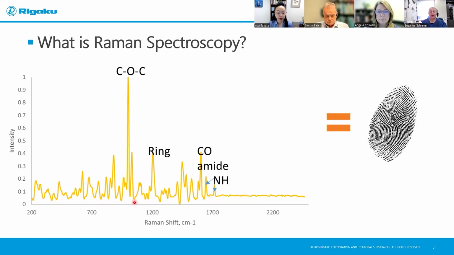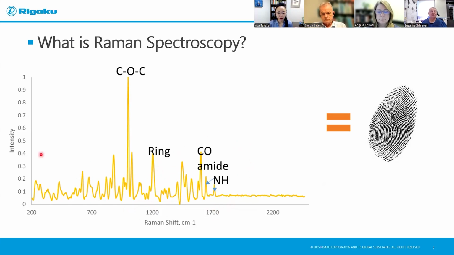If we look at a Raman spectrum, and for those people who have ever looked at an FTIR spectrum, it's a very similar type of result. If you're looking at a certain frequency range, in this case around 1,000, you're going to see the ring waggle. Toward the far end, you can see the amide shifts.